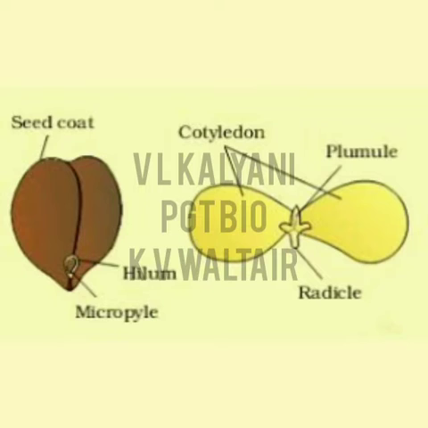So these integuments of the ovule will develop into seed coat. Inside the seed coat, if you take out the two layers, there are cotyledons, and inside the cotyledons there is an embryo.